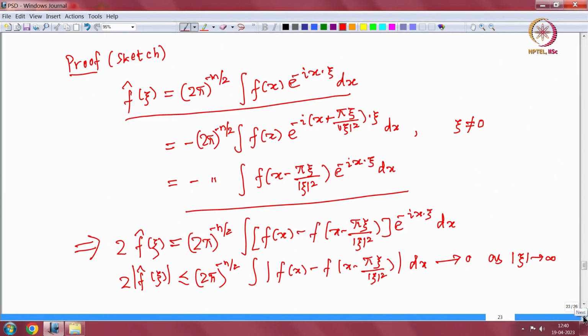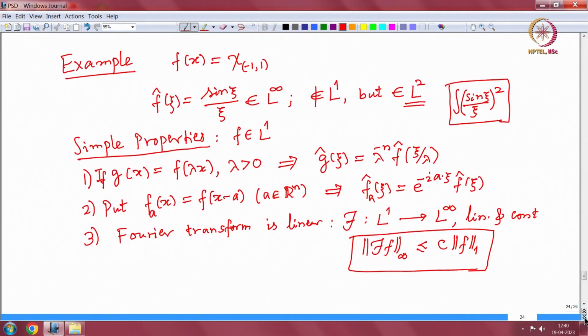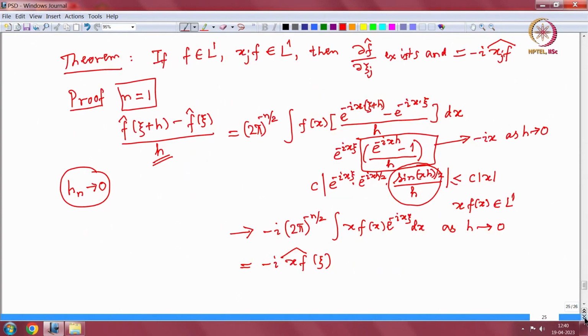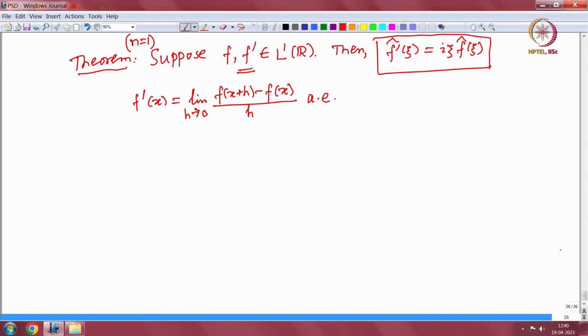So, let me not go into that, but let me just give you a heuristic argument, but you should work out the details properly, because this is also an important result.